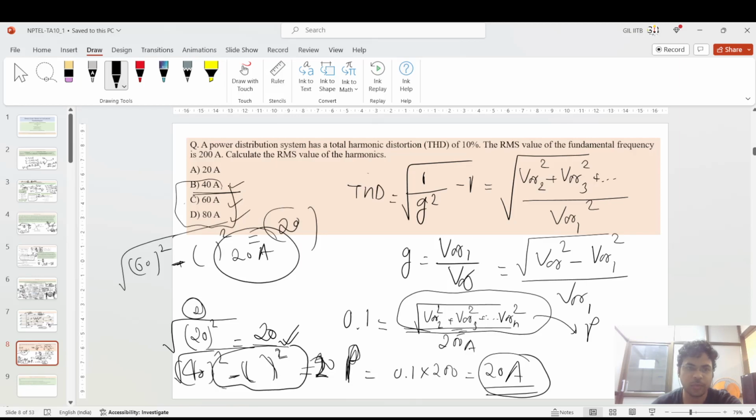Okay, so these 40, 60, 80 components can be discarded. Okay, so the answer is 20 amps. Why? Because only in one situation will you get root of 20 square as 20, not in the other situations of 40, 60 and 80. Okay, if you have any doubt you can ask me.